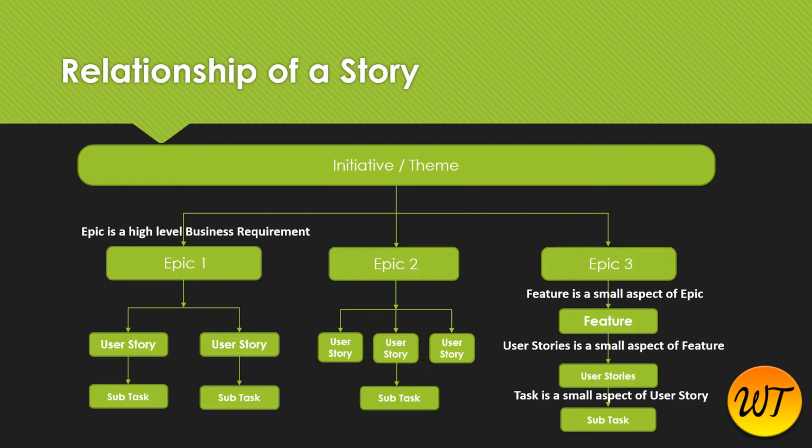An Epic will have the high level business requirement. The next after Epic is feature. A feature is a small aspect of an Epic. The next part is the user story. A user story is a small aspect of a feature. And the last one is task. A task is a small aspect of the user story.